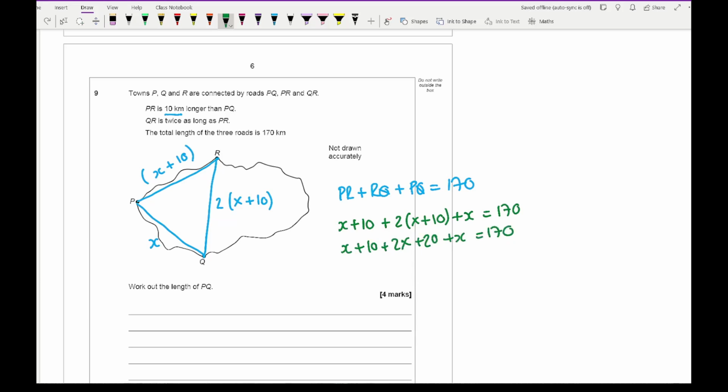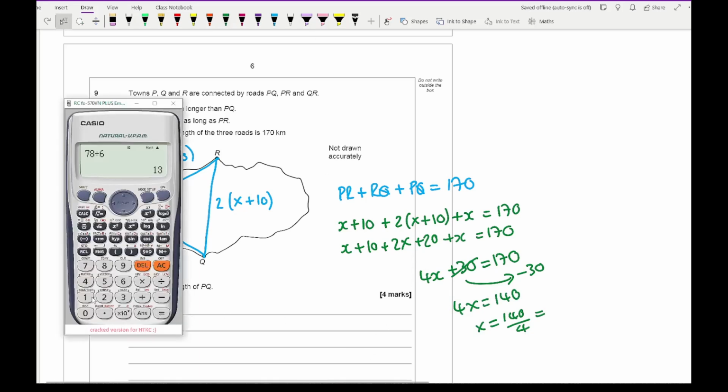Then collecting all the like terms, I get 4x plus 30 equals 170. Take the 30 over to the other side, so I get 4x equals 140, and then x equals 140 divided by 4, which is 35, but let's double check. 140 divided by 4 equals 35.